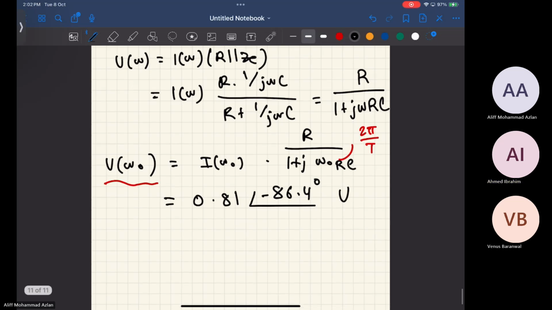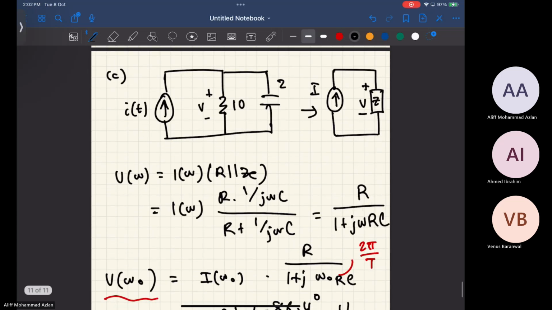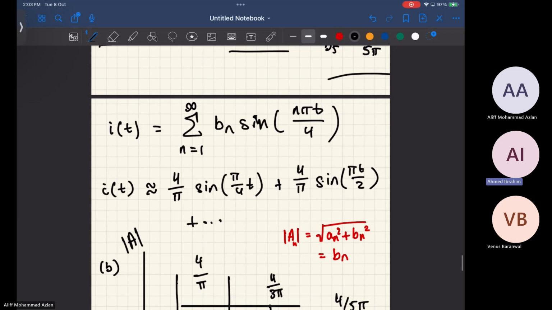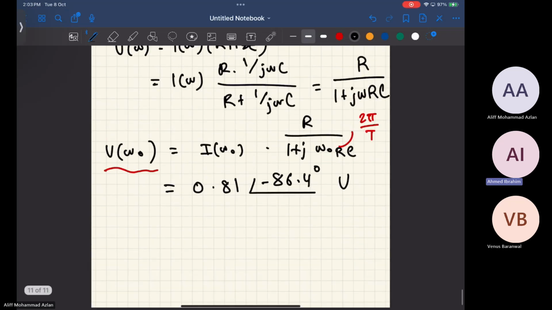Now remember our current was expressed in terms of sine. So essentially what that means is that this phasor is in terms of sine.